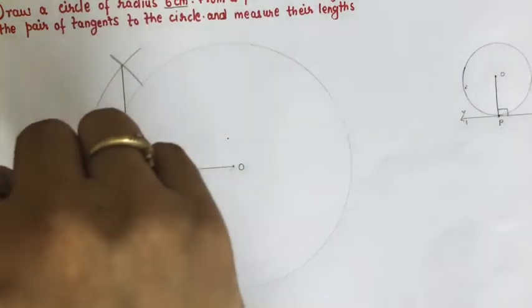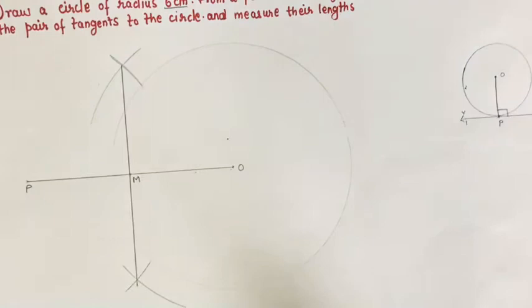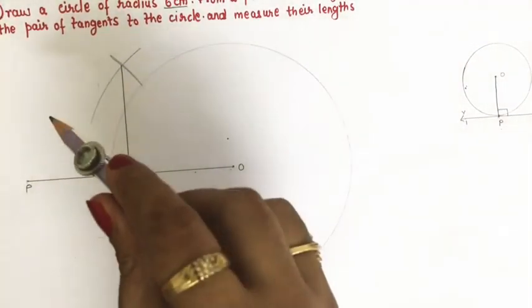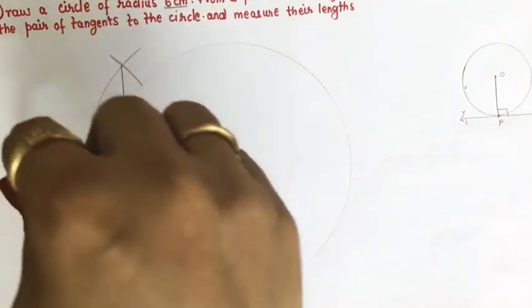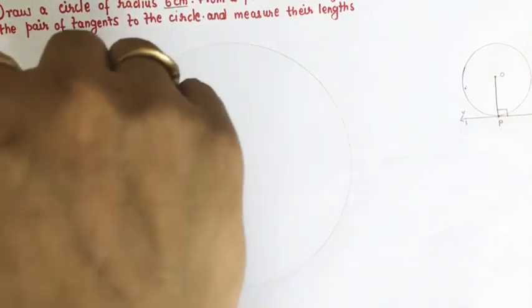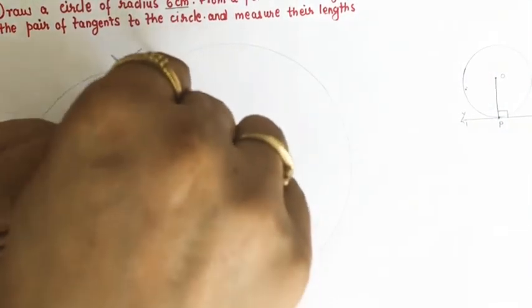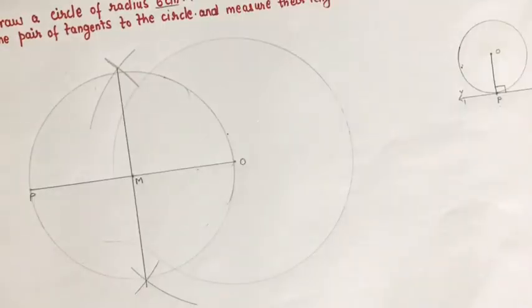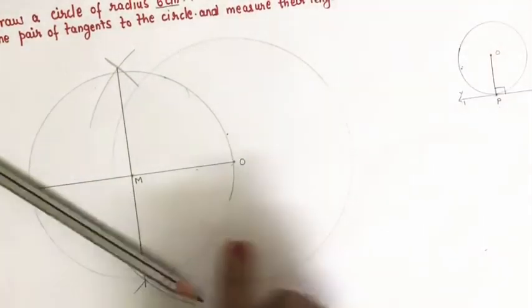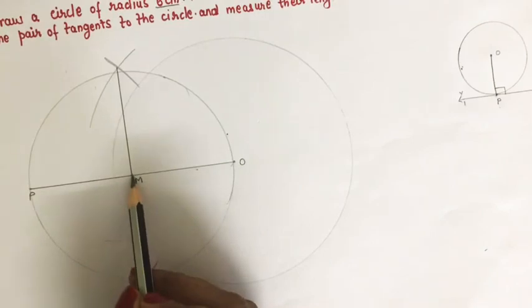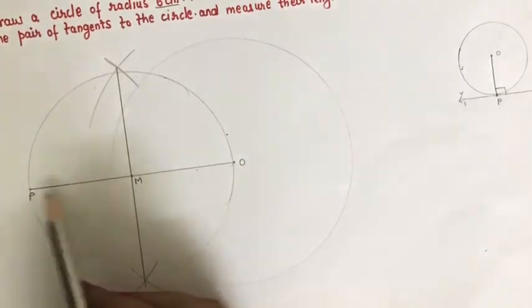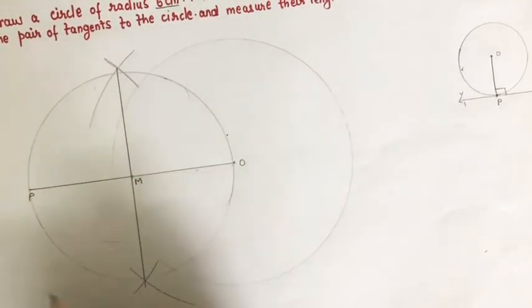They both will be equal, isn't it? Both of them will be equal because we have already bisected the line. So taking this as radius and M as center, we are going to draw another circle. So now we have drawn a circle taking M as center and MP as radius.